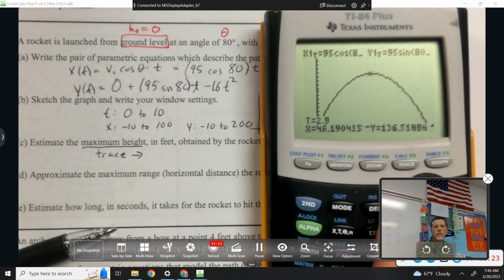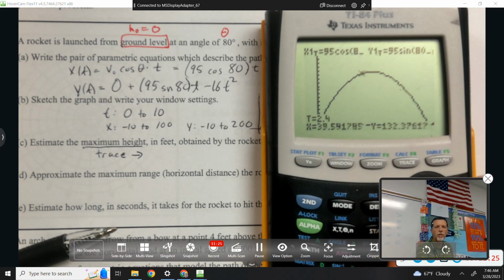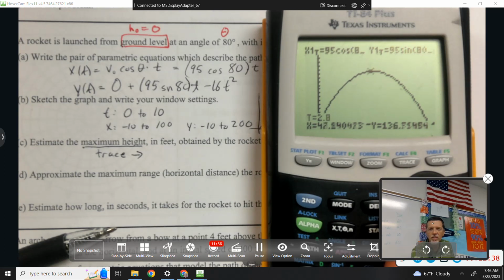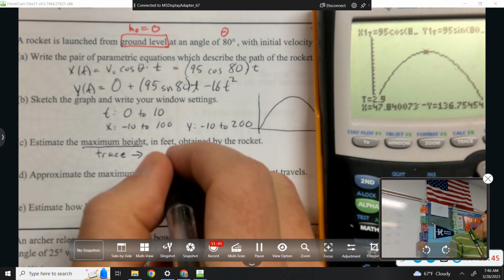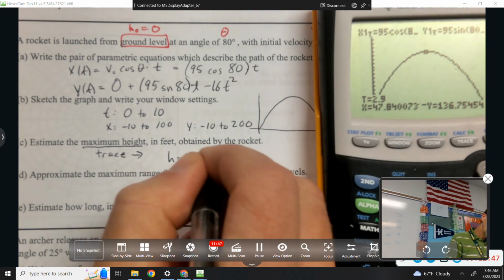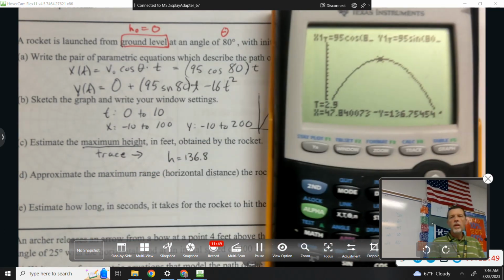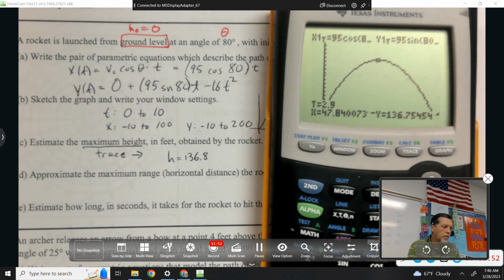So what am I looking for if I want the maximum height? The highest number on what? It's kind of an obvious question maybe, but the y value. I want the highest y value. So it's in here somewhere, 136.8.